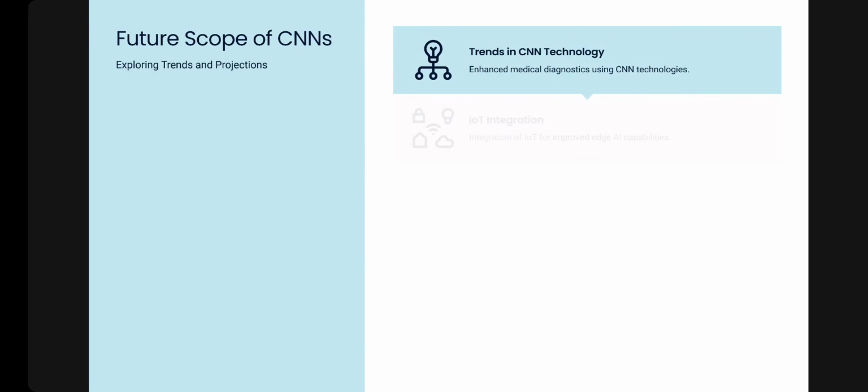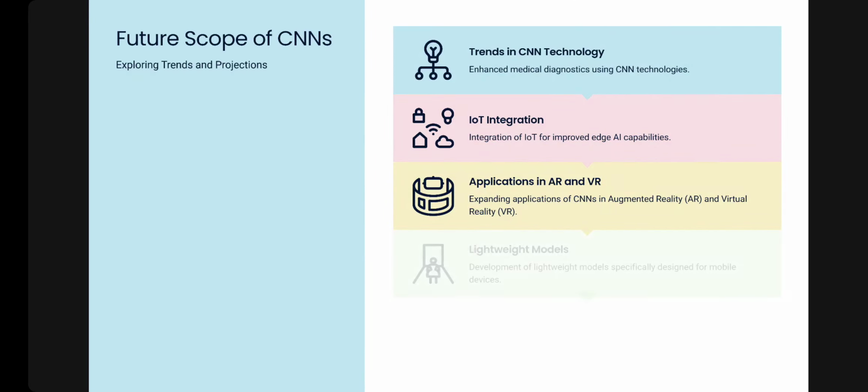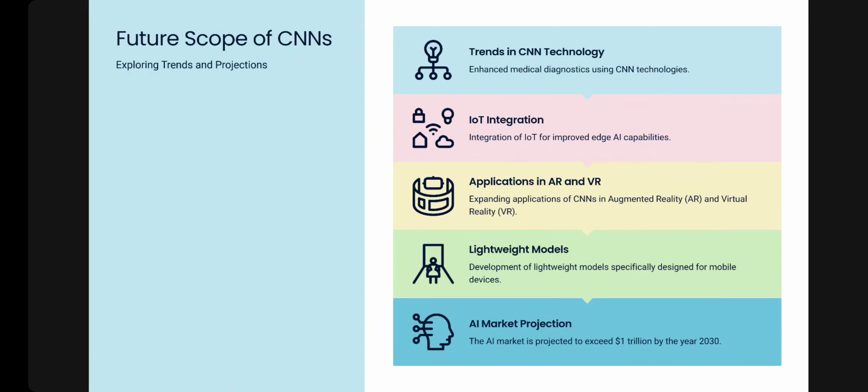And then what are the future scopes in CNN? Medical diagnostics is a very big sector, where CNN is going to be a big help for medical professionals who are using technology. Then IoT integration, using it in cutting edge AI applications, like maybe medicine prescription or something like that.